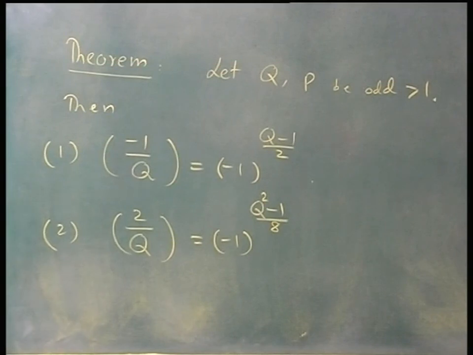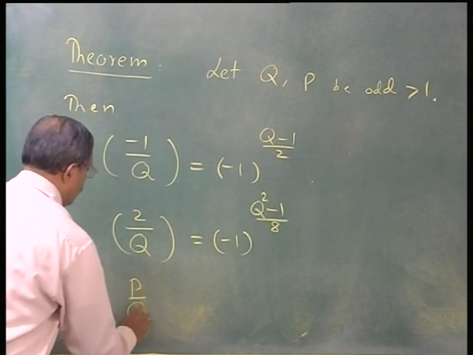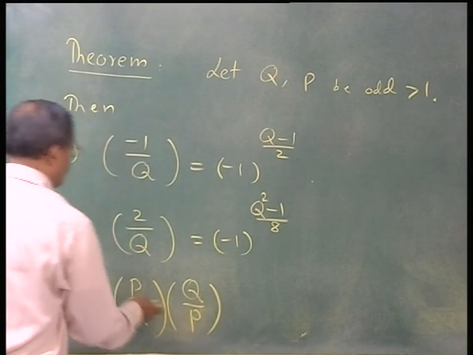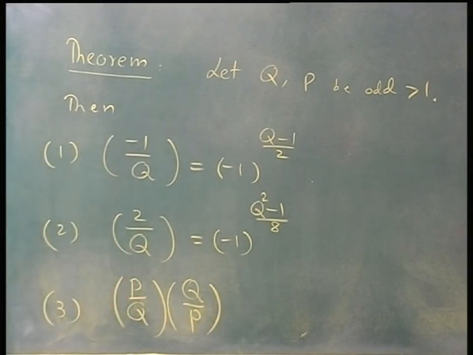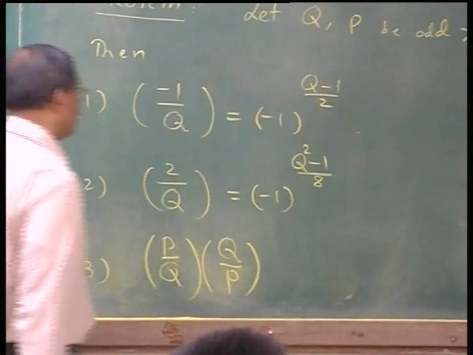And the third property is P by Q into Q by P. Here P and Q are not necessarily primes. They are odd positive integers greater than 1.